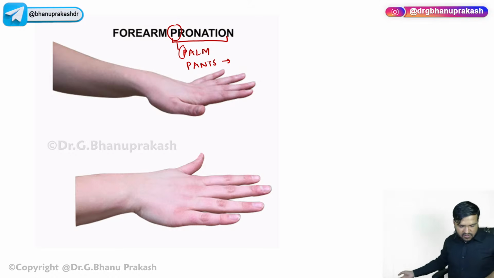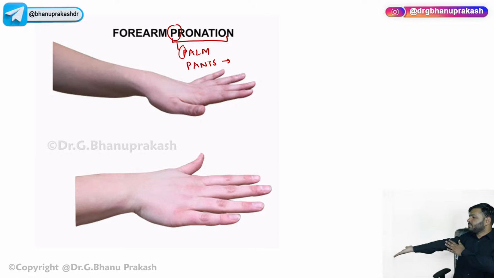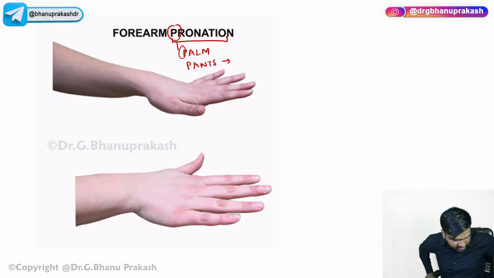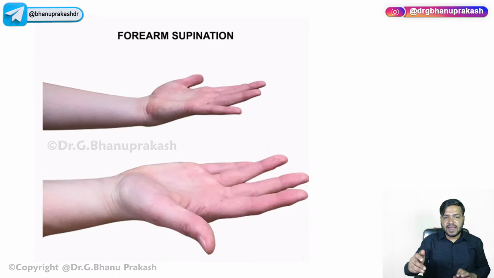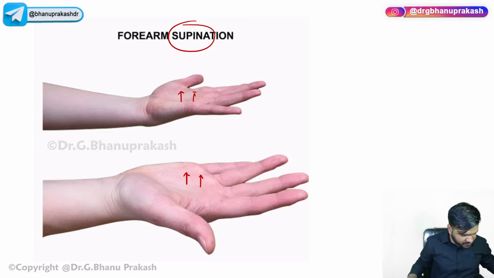Now the palms are facing upwards, it is supination. If the palms along with the forearm are facing downwards, or they are facing backwards, it is called pronation, guys. And when the palms are facing upwards, superiorly, that is called supination.